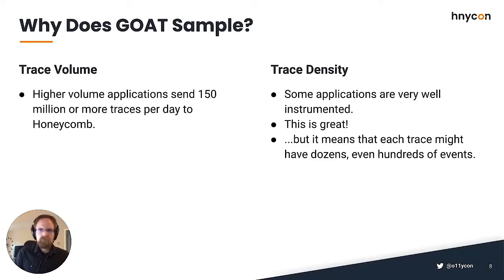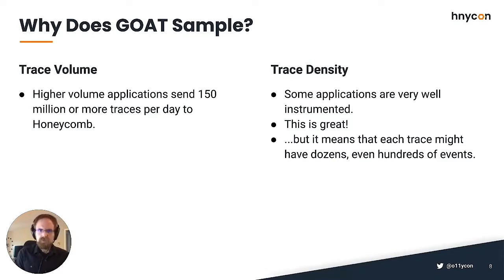The short answer is that we have a very high event volume. Our higher volume applications can generate 150 million or more traces per day that we send to Honeycomb. A lot of these applications are very well instrumented. We have great visibility into database access and cache access, and this is great.